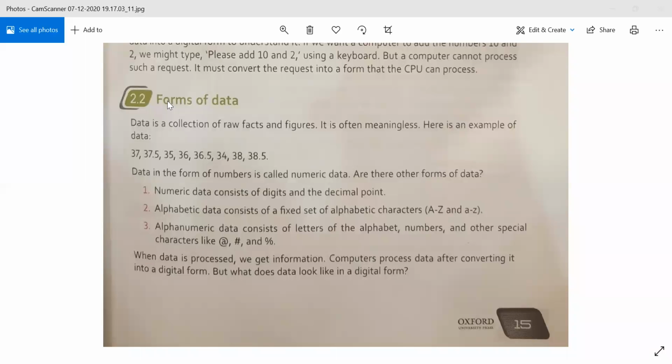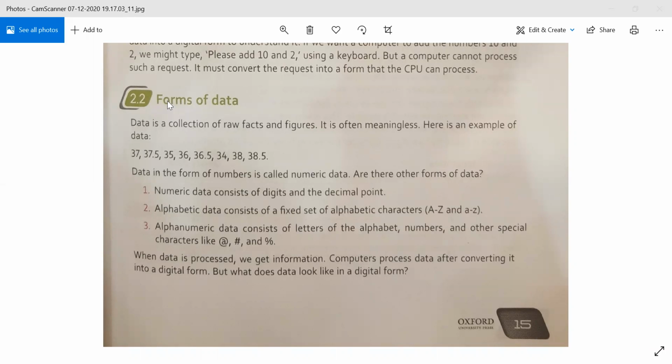Numeric data means a form of data in which we place numbers, all the numbers from 1 to uncountable numbers. These we will call numeric data.